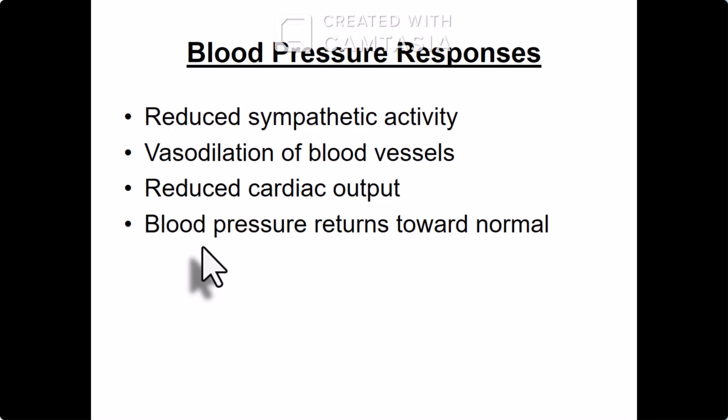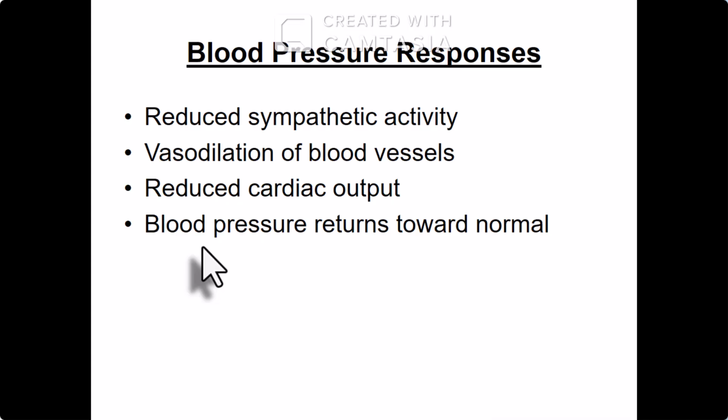Whenever our blood pressure gets too high, the baroreceptors detect the change and send it to the control center, which is the medulla oblongata. The medulla oblongata interprets the issue, and then it starts giving signals to the sympathetic nervous system, which reduces the activity of our sympathetic nervous system.